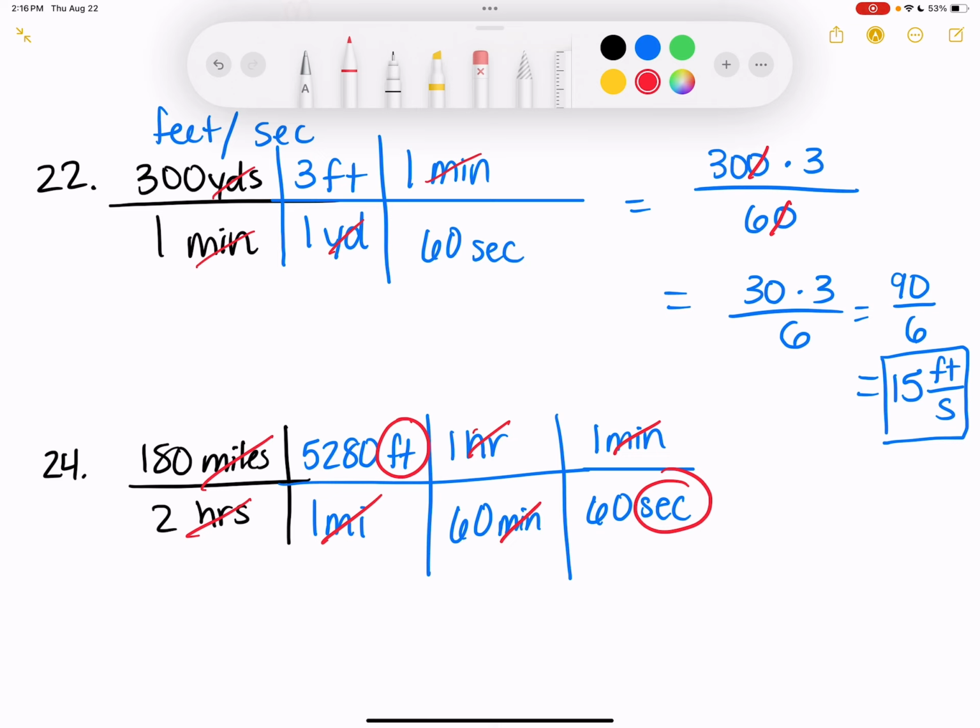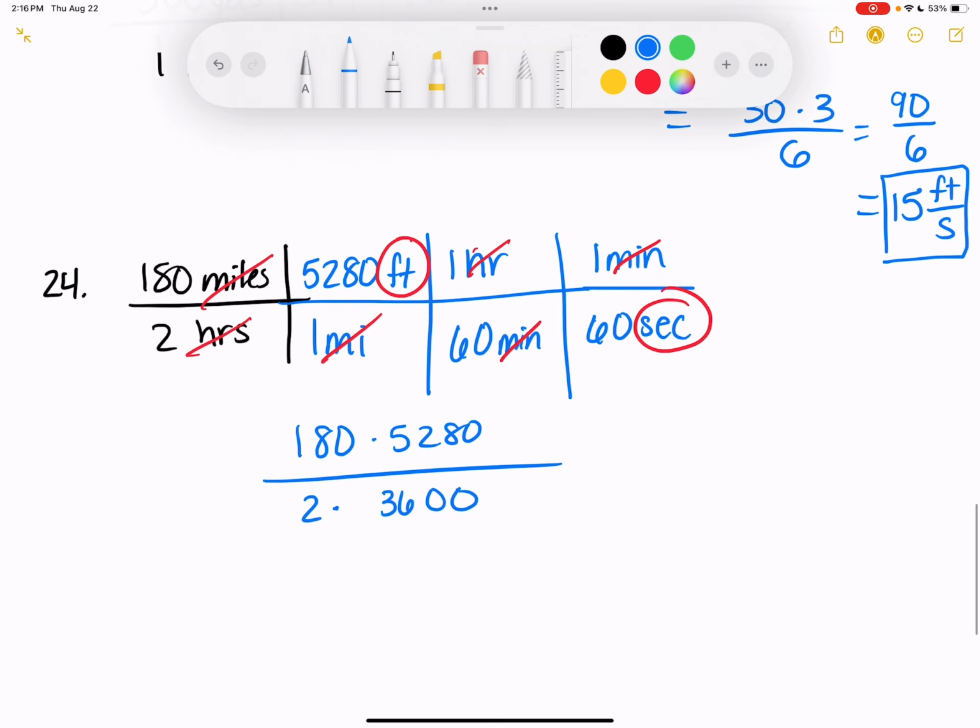So now we have to multiply, divide, all the things. So I have 180 times 5,280 divided by 2 times, and we already said that's 3,600. So again, I have zeros on the top and the bottom, so I can actually cross those out.